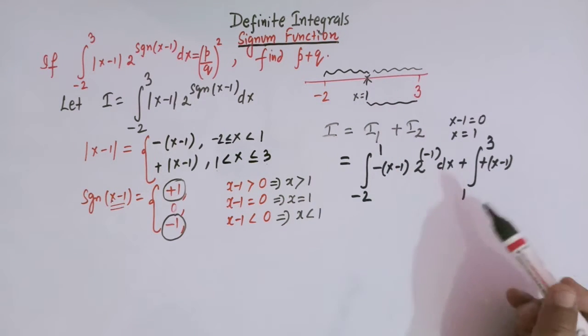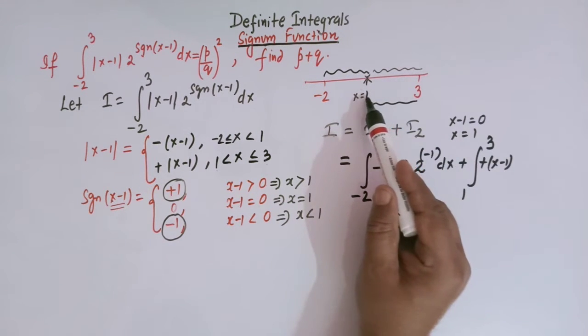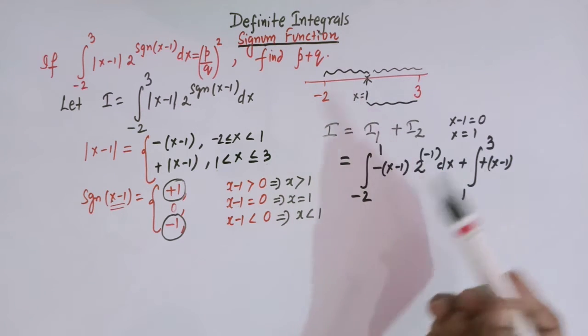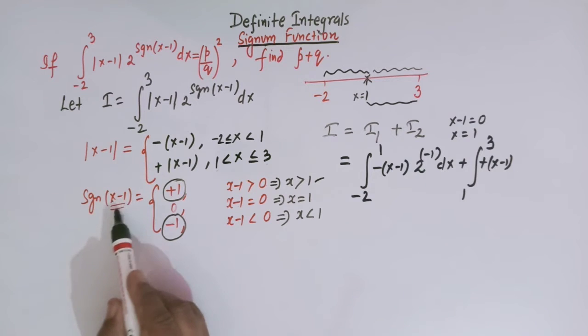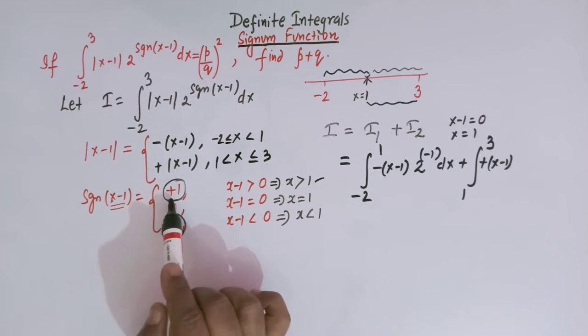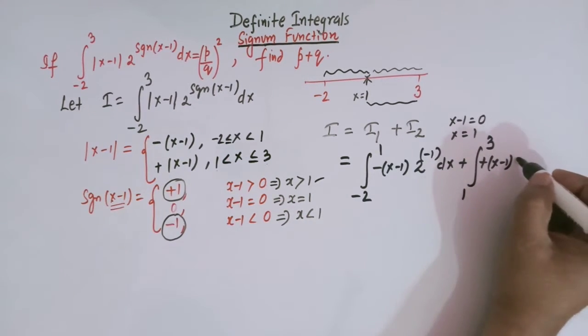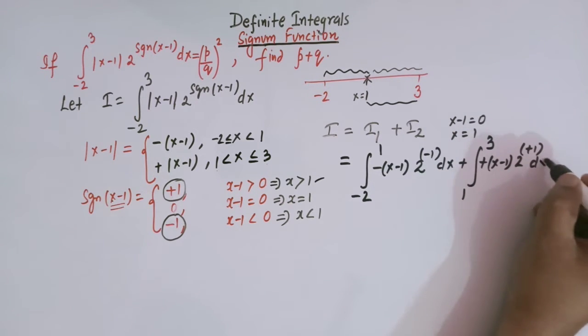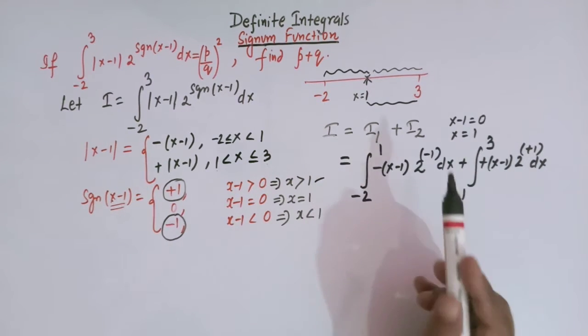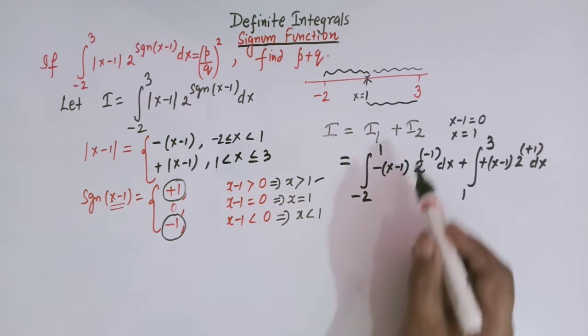When we are integrating from 1 to 3, it means we are taking those values of x which are greater than 1, so signum of x minus 1 would take the value plus 1. So we have 2 raised to plus 1, right?